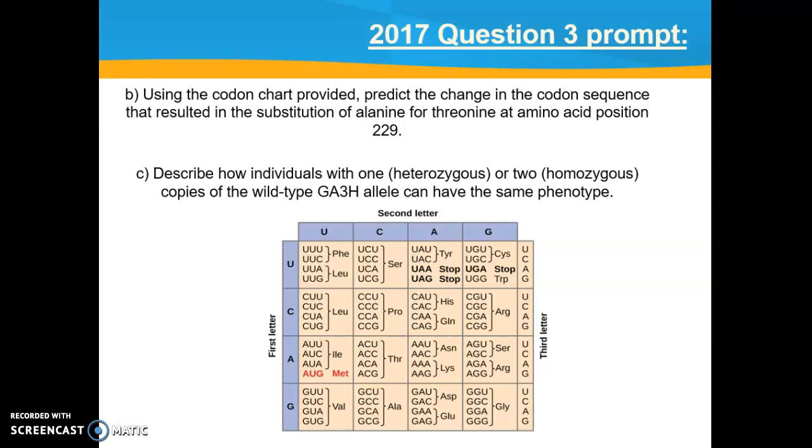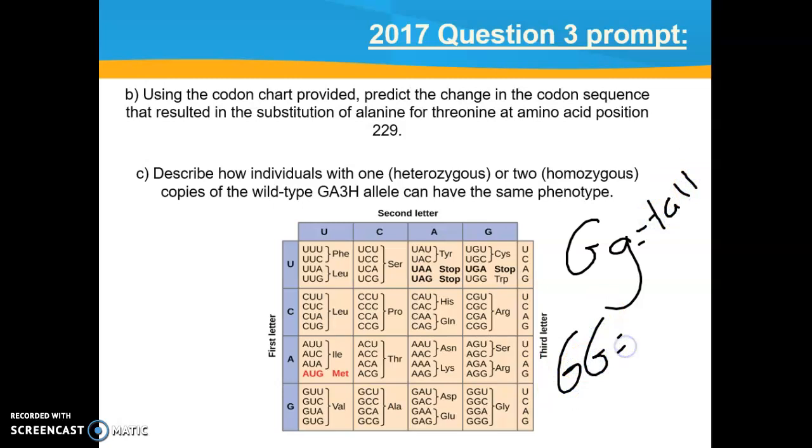Part C, describe how individuals with 1 or 2 copies of the allele can have the same phenotype. So let's pretend that an individual is big G little g for that gibberellin enzyme. This is going to give a tall plant. We cannot tell if the plant is heterozygous or homozygous because both of these genotypes lead to the same phenotype.